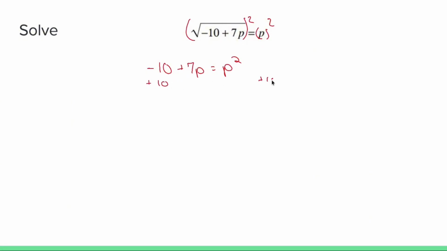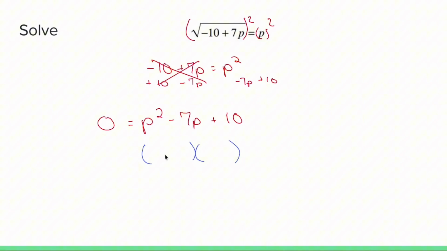I'm going to subtract 7p. 0 equals p squared minus 7p plus 10. Now you look at this and say, yeah, that is a quadratic. Are there two numbers that add up to negative 7 and multiply out to positive 10? Yup. Two negatives, negative 5, negative 2.